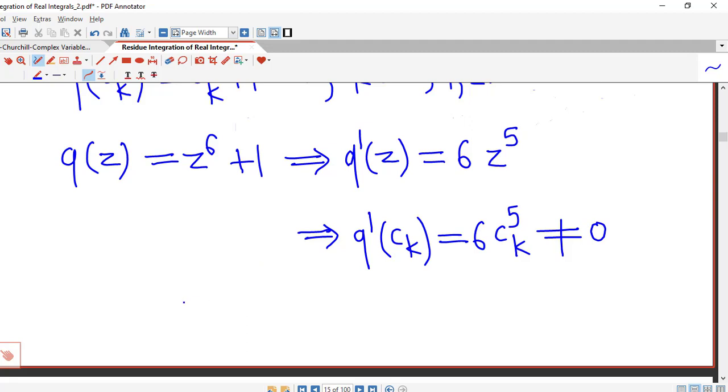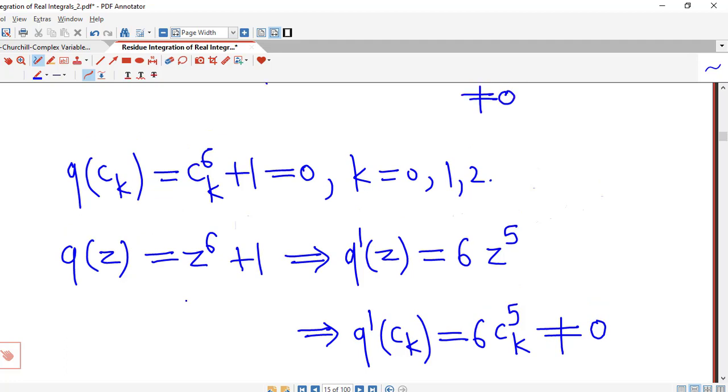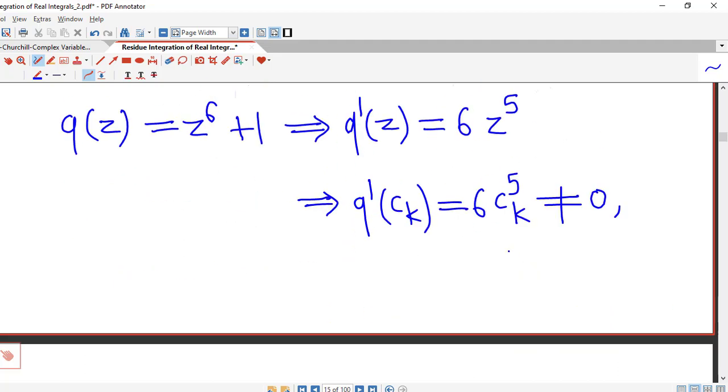So here we have q dash z equal to 6 into z raised to 5, and if we check the value of q dash at ck, then it will remain non-zero, k is from 0, 1 and 2.